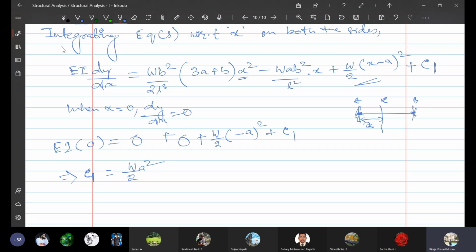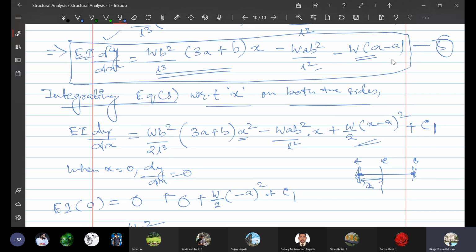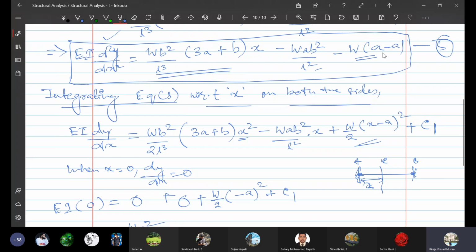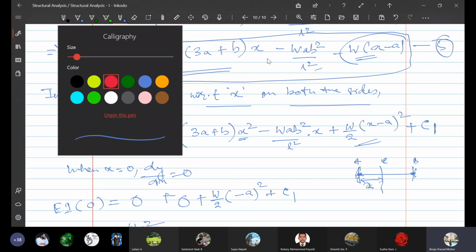Now see, I asked about integrating equation 5 with respect to x on both the sides. If I integrate this one, you all said that the integration of this one is W by 2 into x minus a whole square. I am just highlighting it.